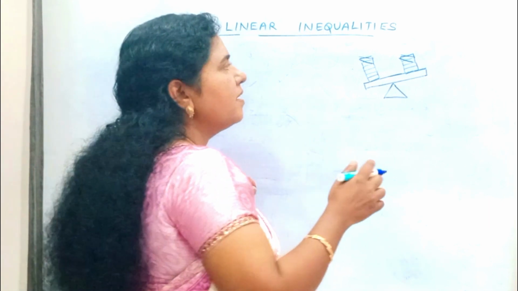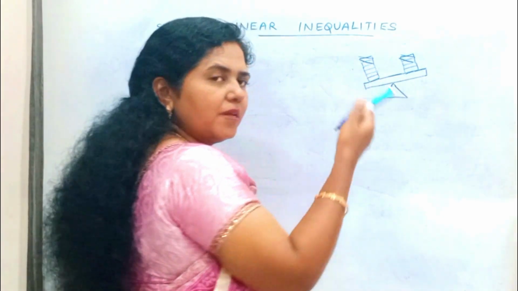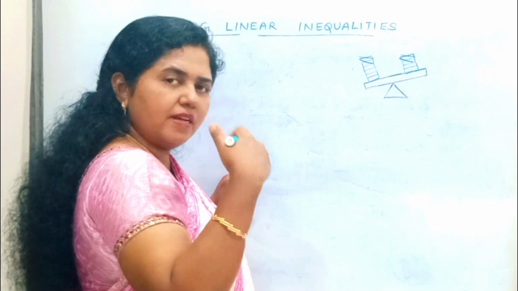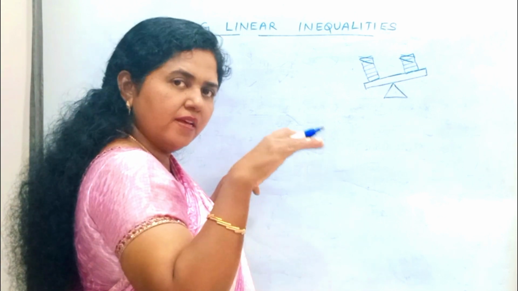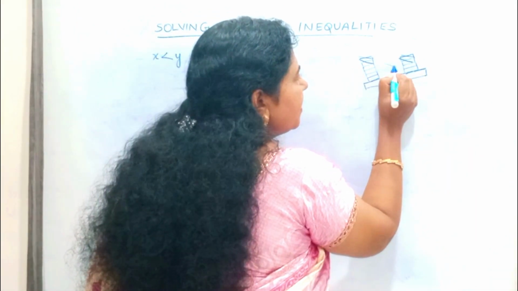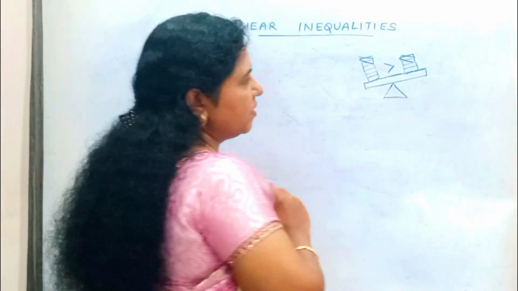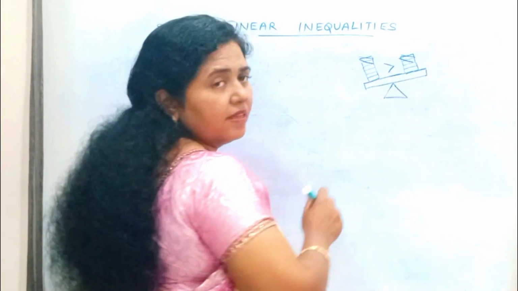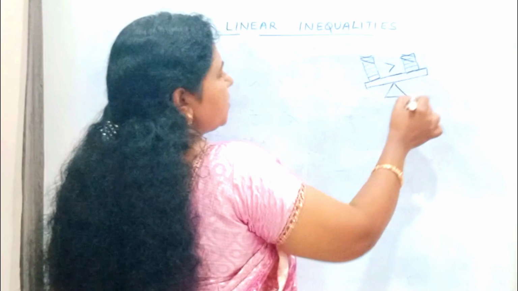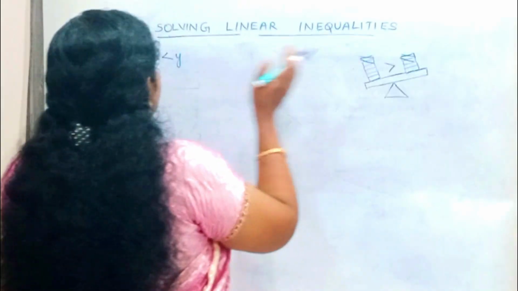This is because when we are adding or subtracting the same value, the already existing difference will remain as such. That is the main reason. Here it is similar: the weight on this side is greater than this side. Just have this concept in mind and relate that to this.